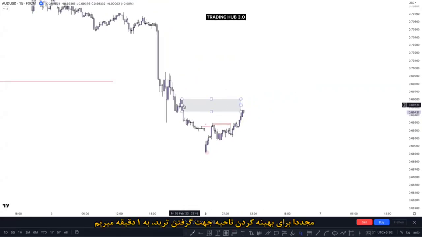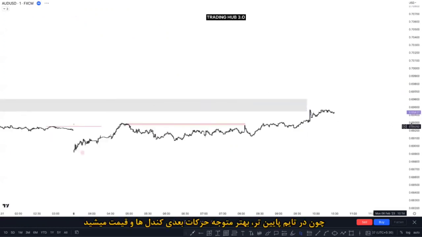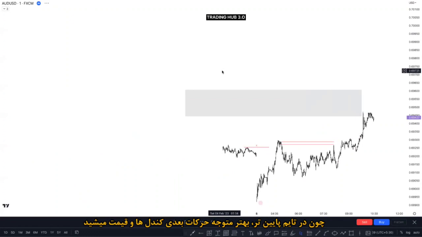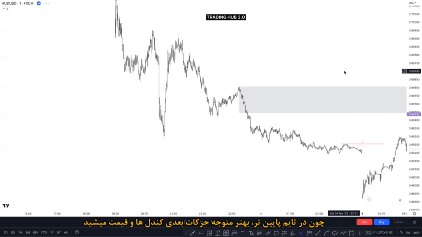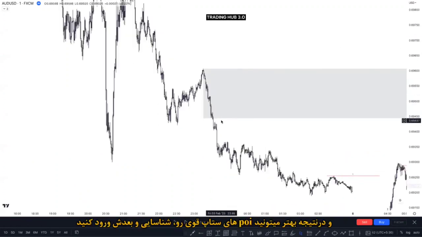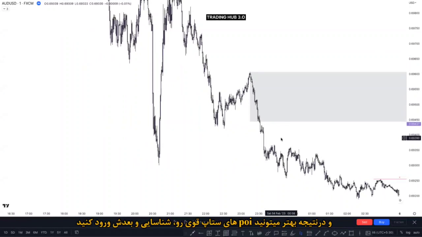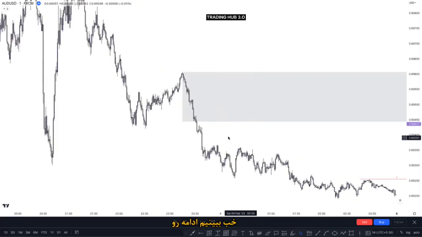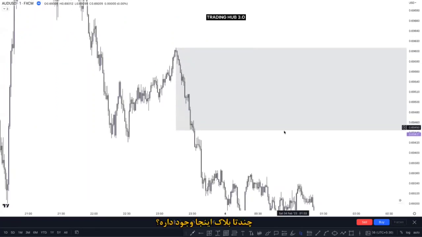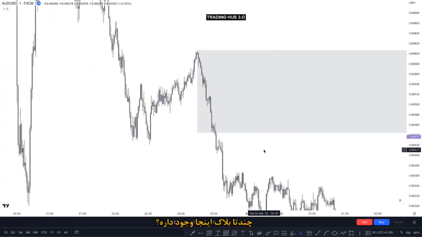Now switch here to the 1 minute time frame to see exactly and refine your zone for entry, because when you switch from a higher time frame to a lower time frame to see exactly where the market is going, then you can identify a high probability entry for buy and sell, right? So right now, let's see how many possible order blocks there are here.